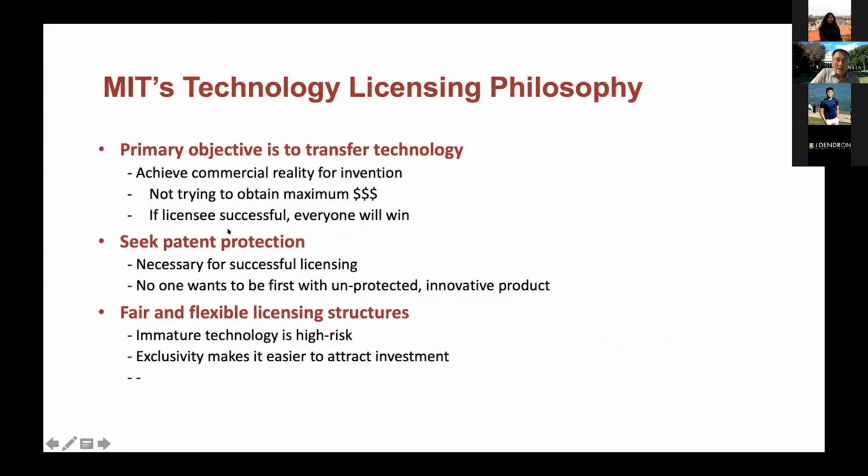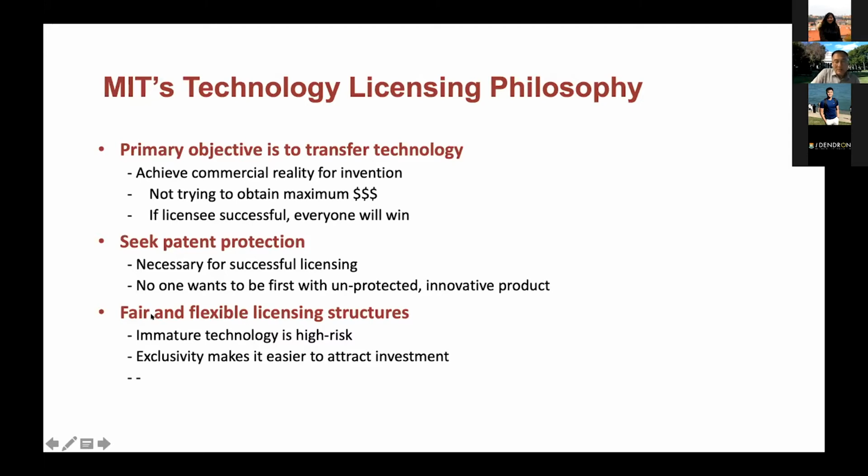Actually, if a licensee is successful, then everyone will win. That's the ultimate goal. And seeking patent protection is necessary for a successful licensee. No one wants to be first with an unprotected, innovative product. That's why you want to file the patent application.